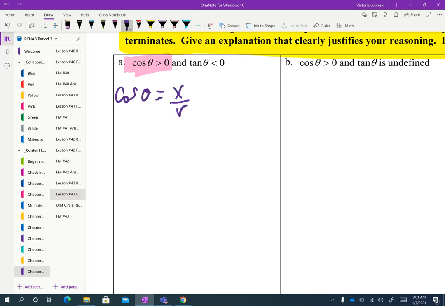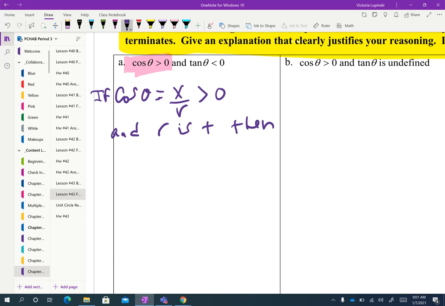Remember, we can't assume that r is 1. And they're telling us that this is greater than 0.